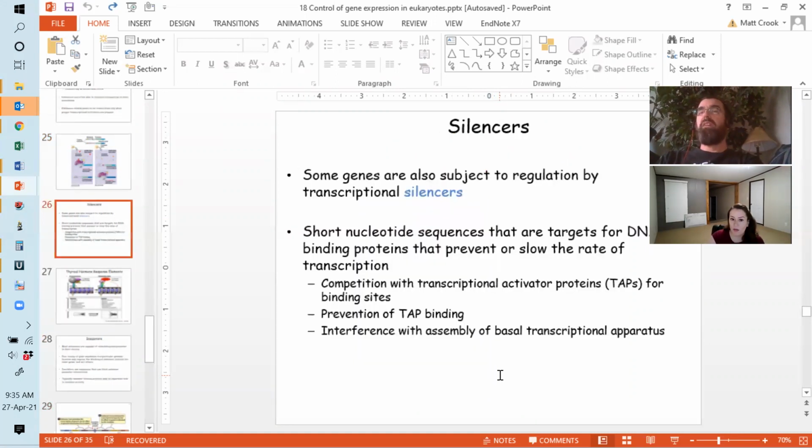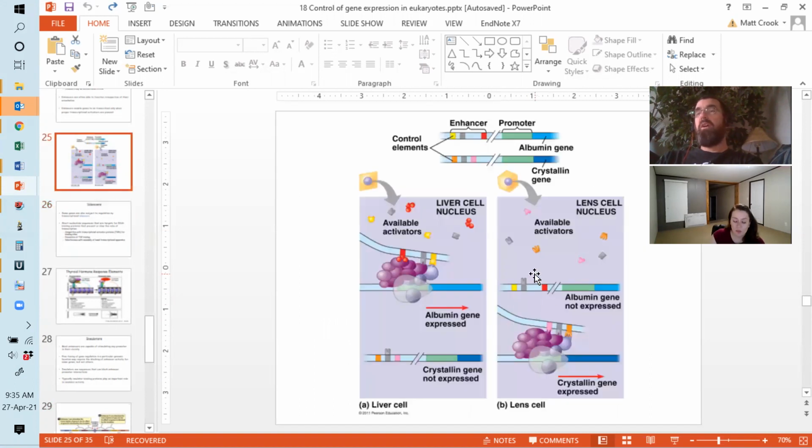These are also proteins that can interfere with transcription somehow. One thing they can do is bind to these enhancers, so they can physically block the enhancers from being available to circulating activator proteins.